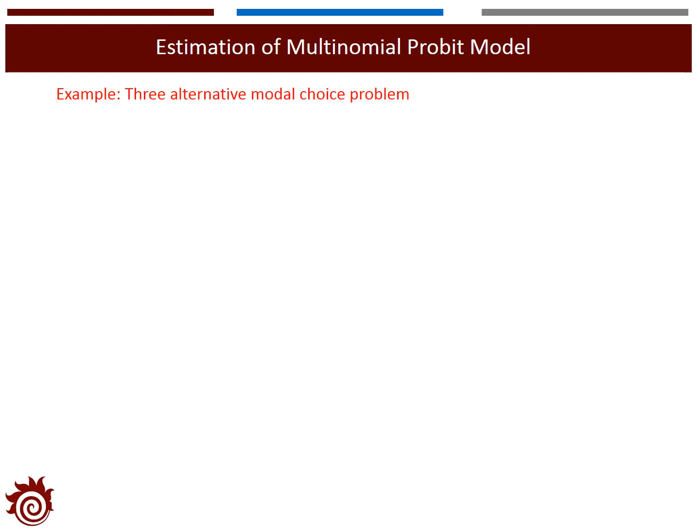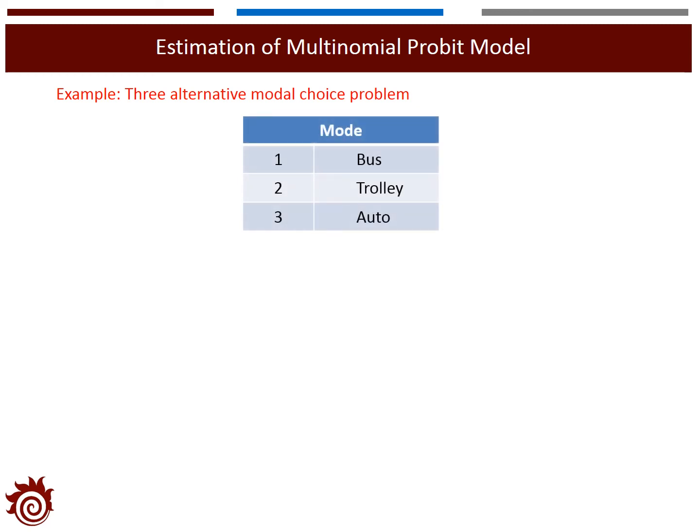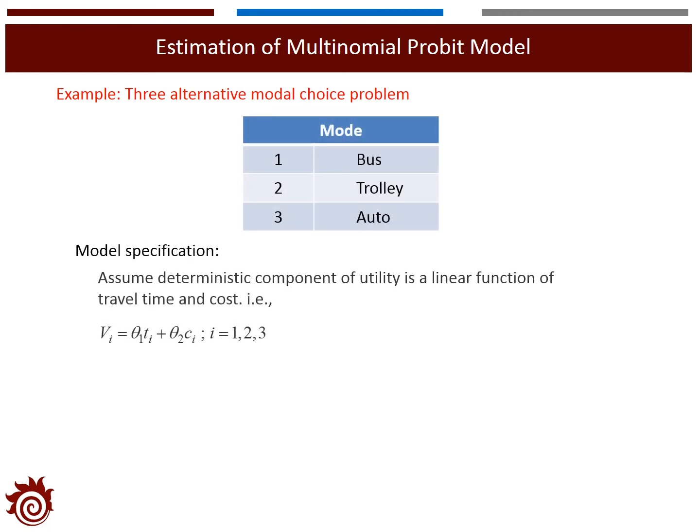Now let's see how we can apply the heuristic algorithm to complete the Probit model estimation. In the example, we'll consider three alternatives: bus, trolley, and auto. Also, we assume that the deterministic utility is a linear function of travel time and cost, so that is Vi equal to theta 1 Ti plus theta 2 Ci, and it's applied for all the three modes.